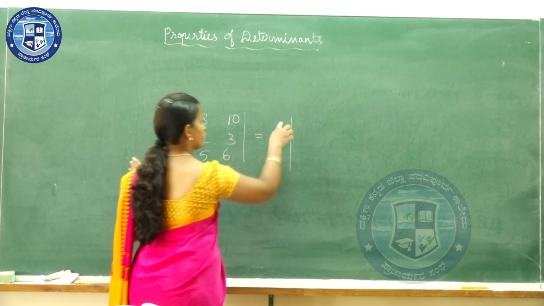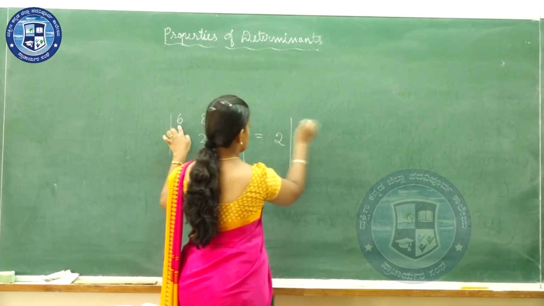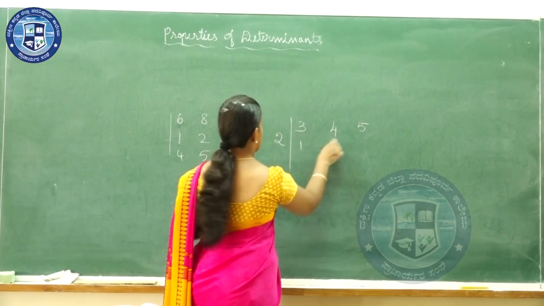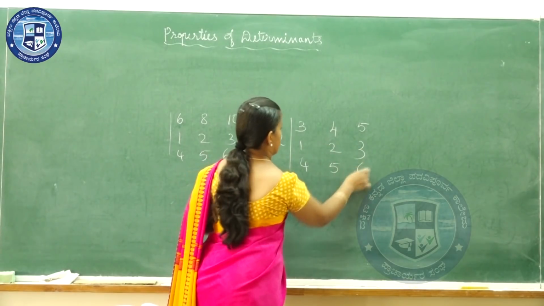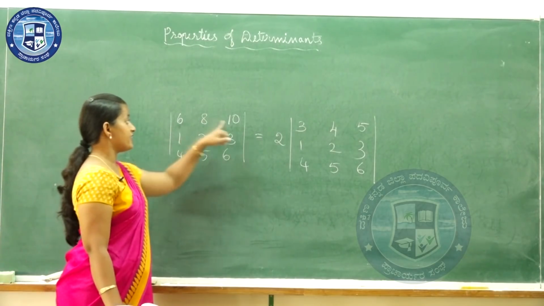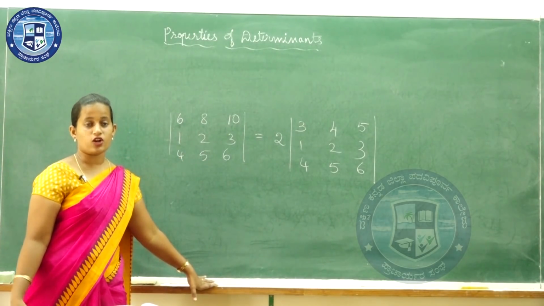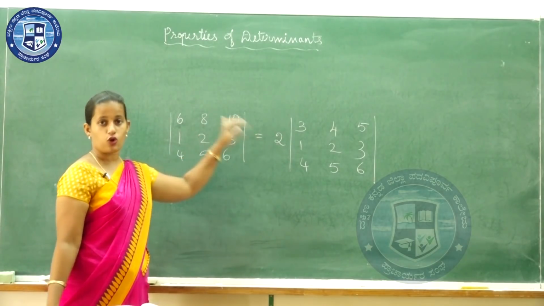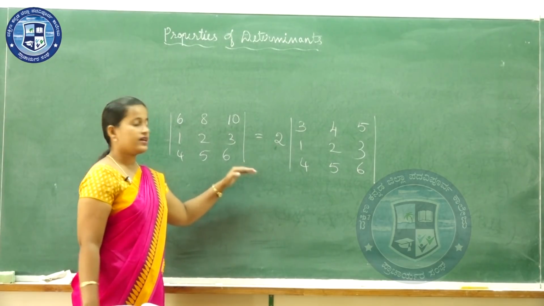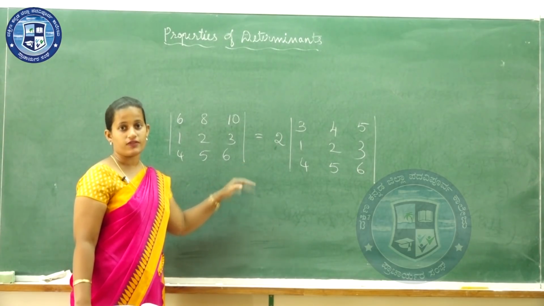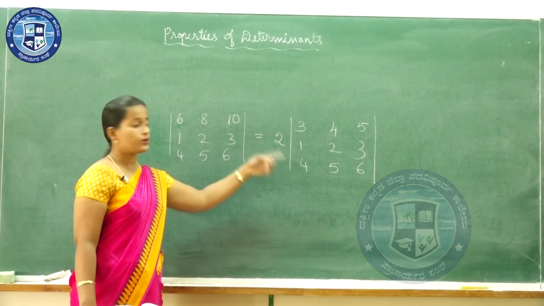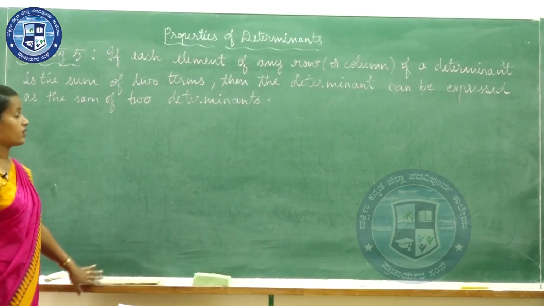Bring the 2 out from the first row, then what remains is 3, 4 and 5. Rest is as it is. So, this is what the property 4 is saying. In case there is any common number or common factor in any of its row or column, you can bring it outside, okay. So, remember this will be used in solving the problem. So, whenever you see a common number in any row or column, you can bring it outside.